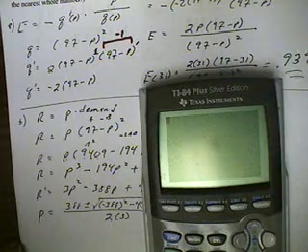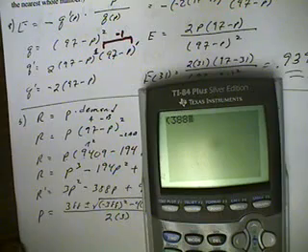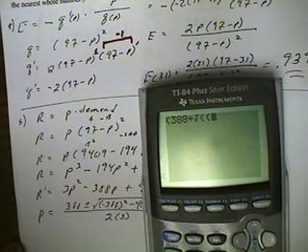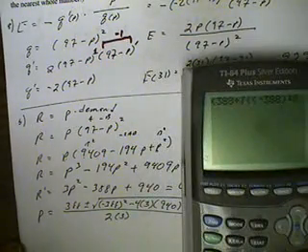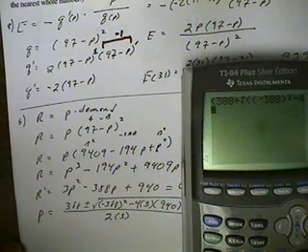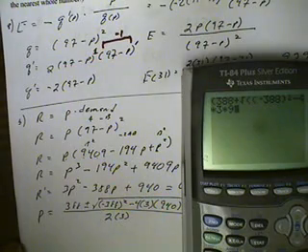Open parenthesis for the numerator, 388, and then we'll say plus, and then the root, second function root, open parenthesis. Negative 388, close parenthesis, all squared, and then minus 4 times 3 times 9409.